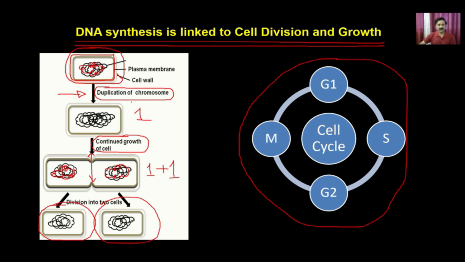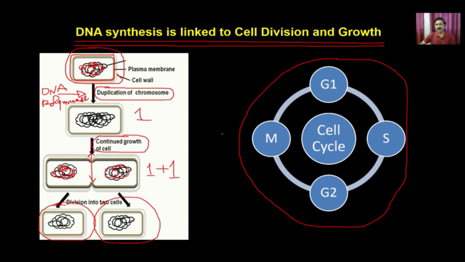At this stage, the DNA polymerase is going to be very active, and that's how the DNA polymerase is going to synthesize the chromosomal DNA into two DNA, and once the two DNA are formed, the cell is going to get the signal that since the DNA synthesis is over, we can go with the division stage, and that's how it is going to divide and form the two cells.